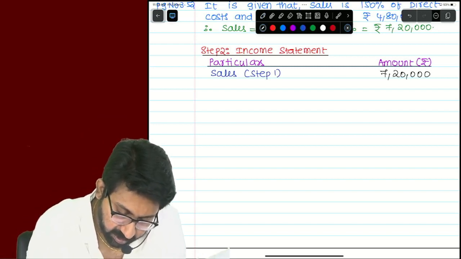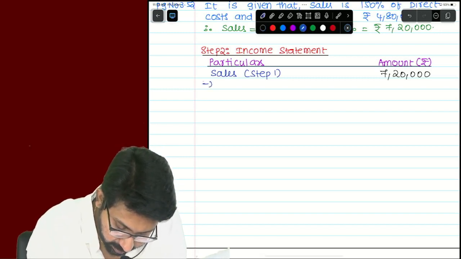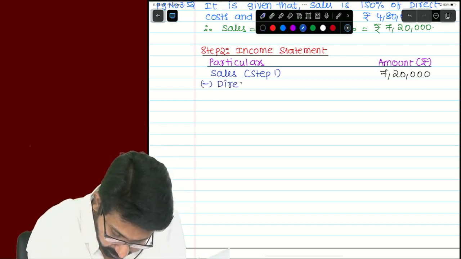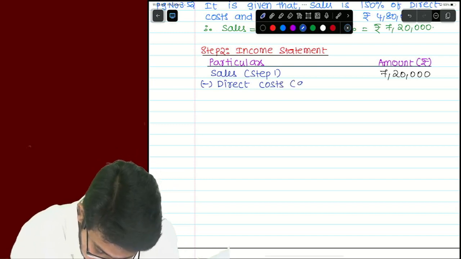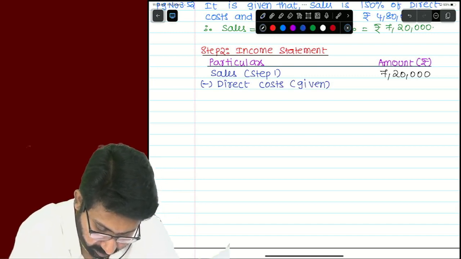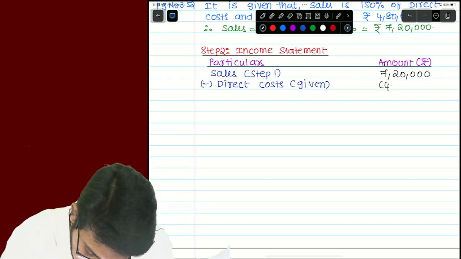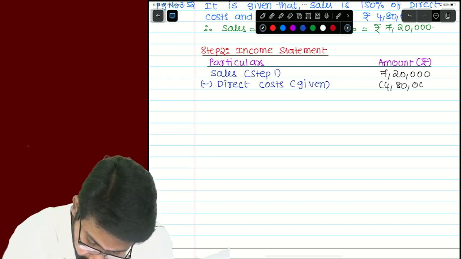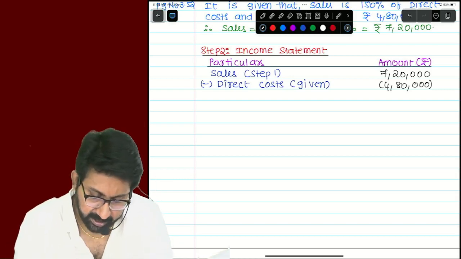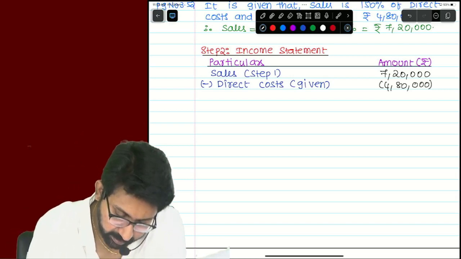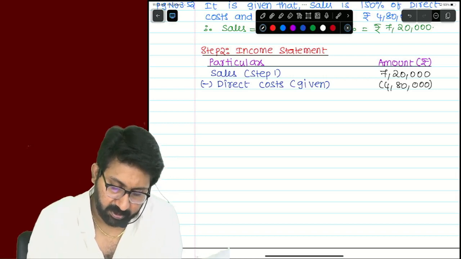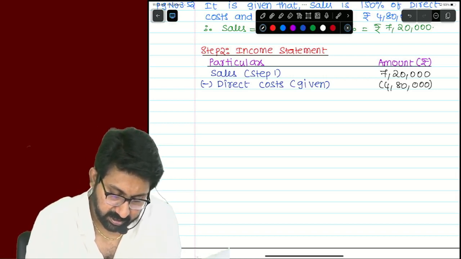And in the question they have given direct costs. How much is the direct cost? 4,80,000. So sales minus all the direct costs.